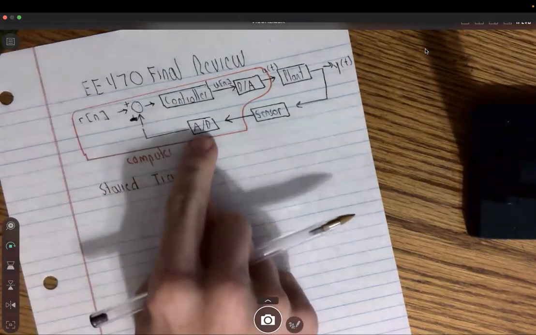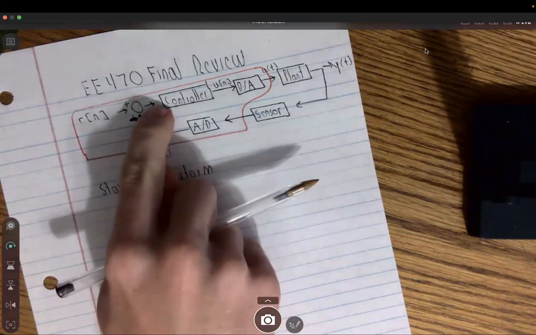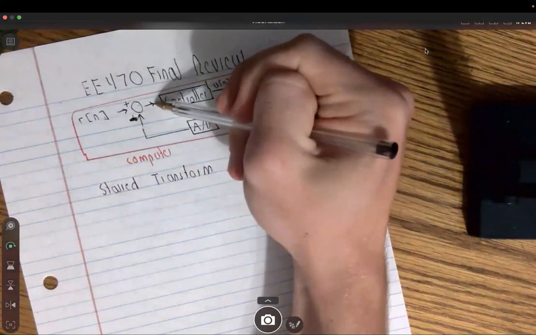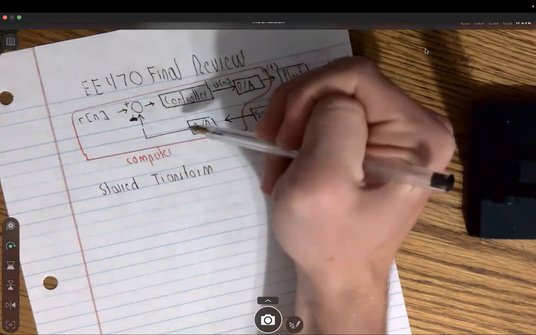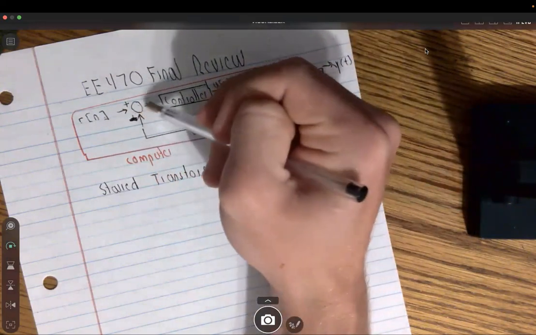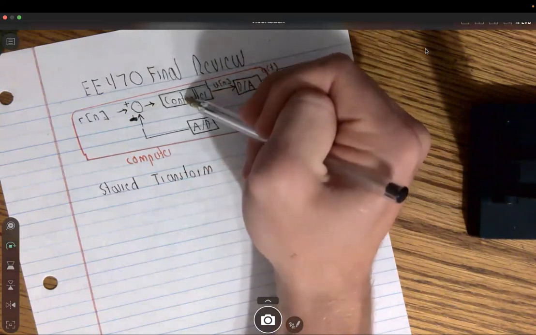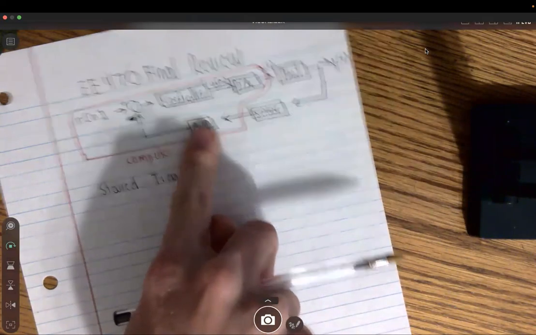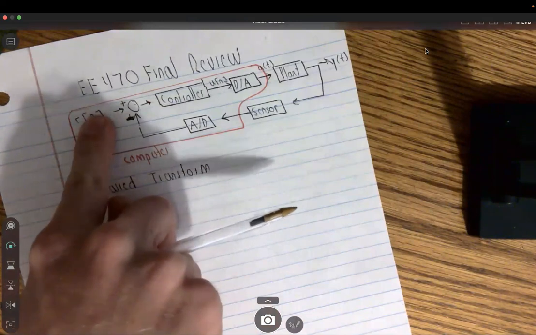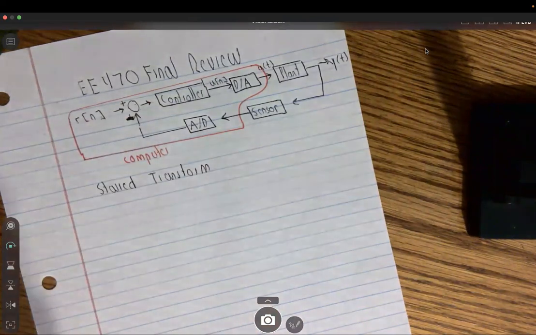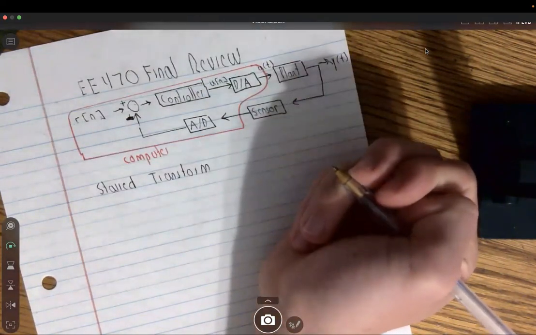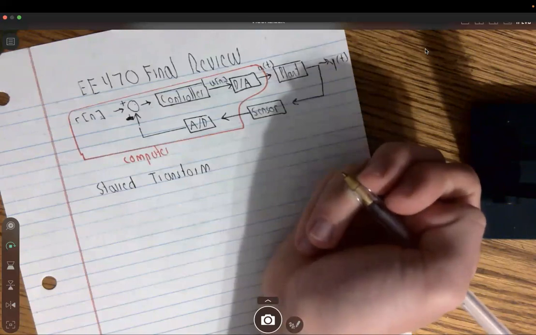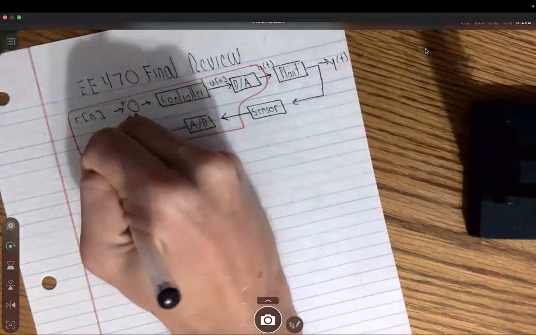So sometimes this analog to digital block might come over here, because this might be a real-world input, and then we convert it digitally right before the controller. For those variations of problems, you need to know the star transform, which is basically like an analog to digital converter. That's what it's trying to act as.